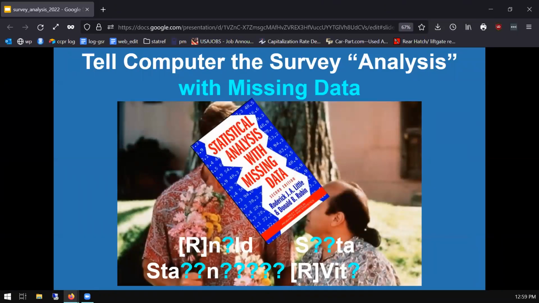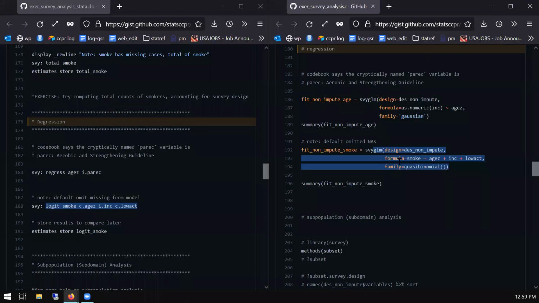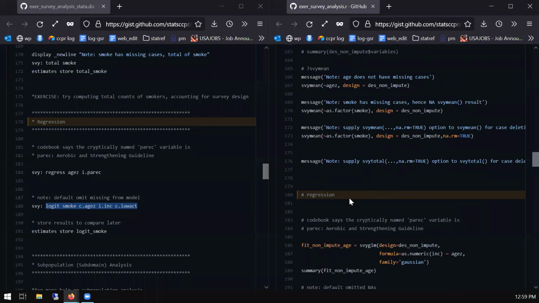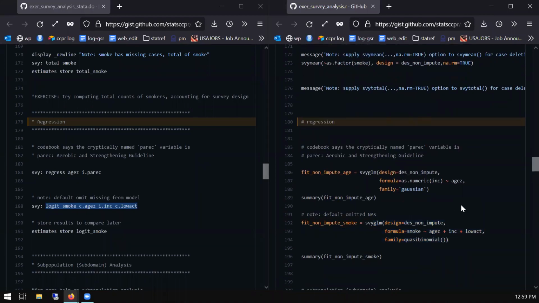Now we're getting to the interesting part. Before that, I gave the helpful workflow advice earlier. There's definitely missing data, most likely in every data set you work on.